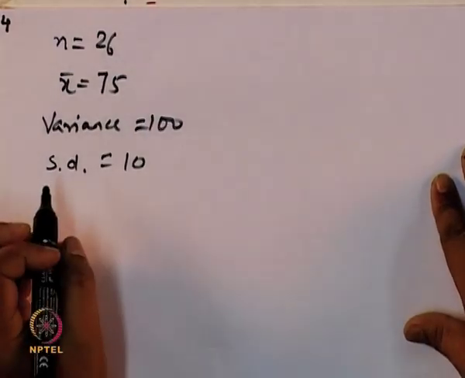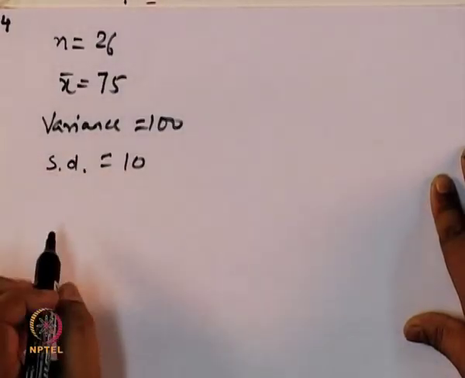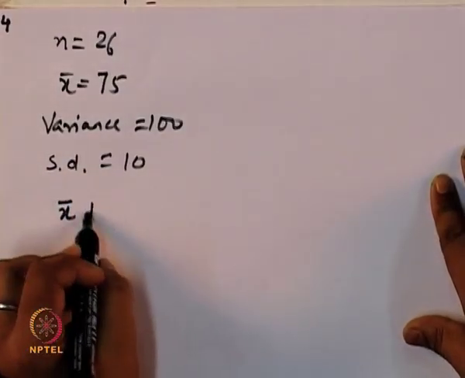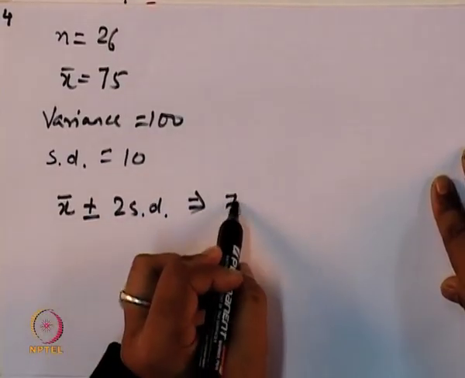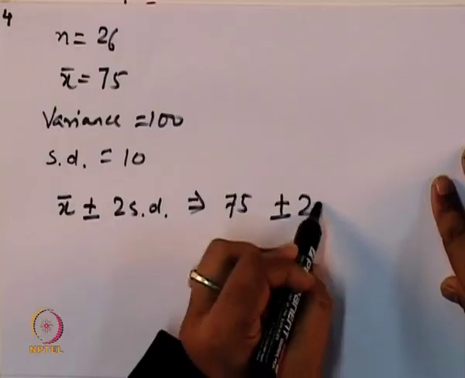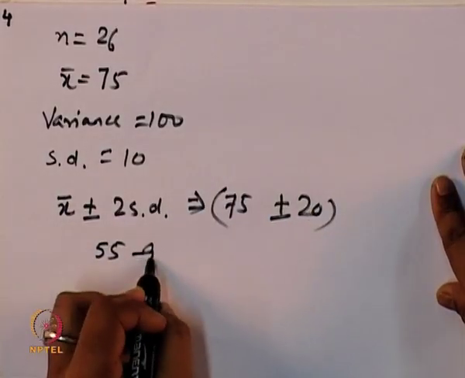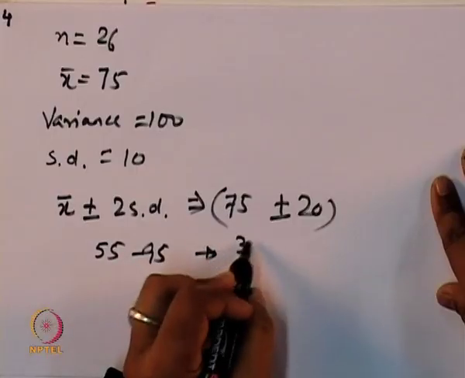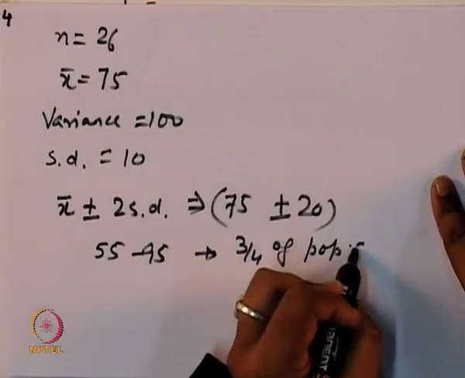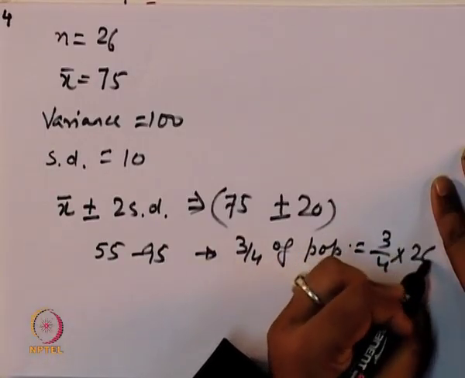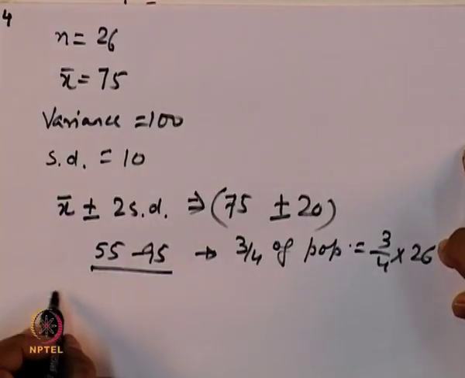So, it tells us that if n is equal to 26, then between x bar plus or minus 2 times standard deviation, which would mean 75 plus or minus 20, so between the values 55 to 95, you will have 3/4 of the population. That is, 3/4 into 26 observations will actually be within this range.